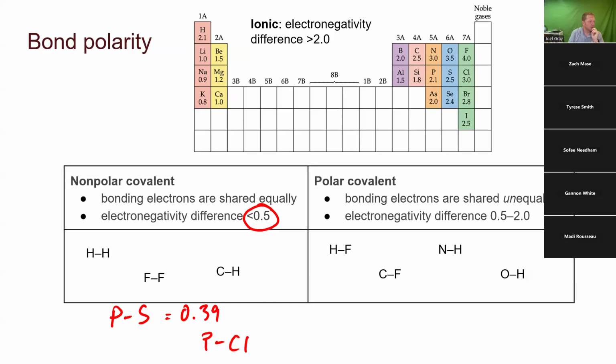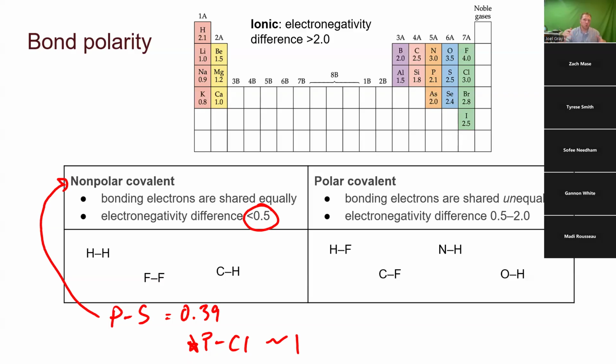PS is a nonpolar covalent bond. PCl, the difference here is roughly 1. Is our electronegativity difference there a nonpolar covalent bond? Nope. So now we say, well, this isn't that battle between a third grader and a fourth grader. One of these is going to win, and going to win by a lot.